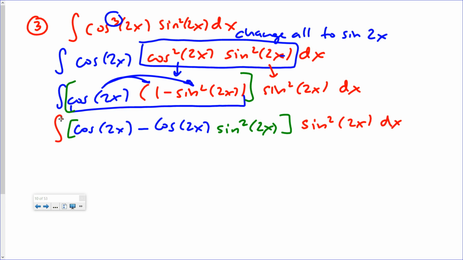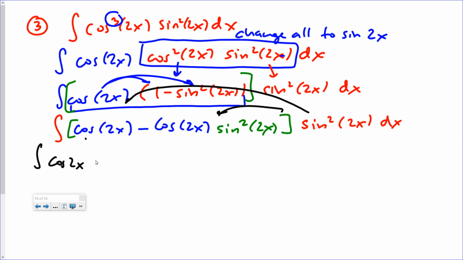Remember, I'm trying to distribute everything before I stop. Is there more that I can distribute? Yes, and it's actually kind of a backwards distribution, but this sine squared x can distribute this way. So this new problem becomes cosine 2x. Now remember, I'm saving the cosine 2x, so the cosine 2x I don't change.